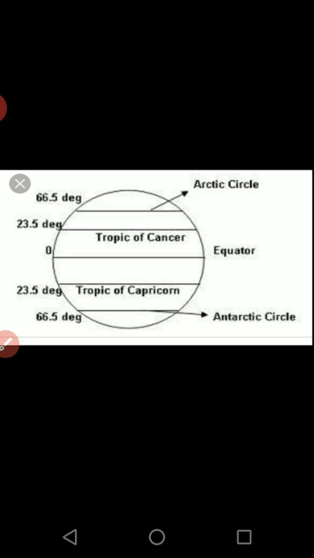It is 23.5 degree north, and the Tropic of Capricorn is 23.5 degree south. We have the Arctic Circle, another latitude, located at 66.5 degree north, and the Antarctic Circle at 66.5 degree south. Why are these latitudes important?